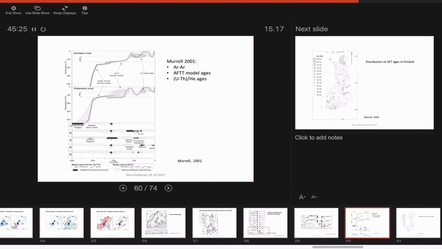Now we still see quite a significant cooling at about 1.6 gigayears ago. So the orogeny was around here. Well, it fits in the picture.